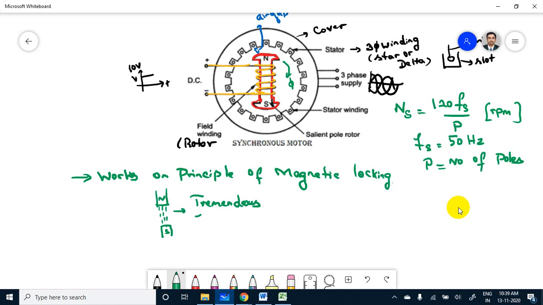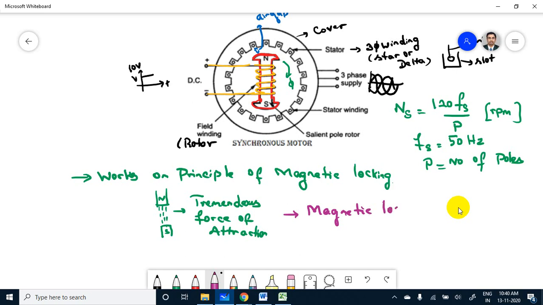So these two poles, that is these two magnets, north magnet and south magnet, will be attracted. This concept is known as magnetic locking.